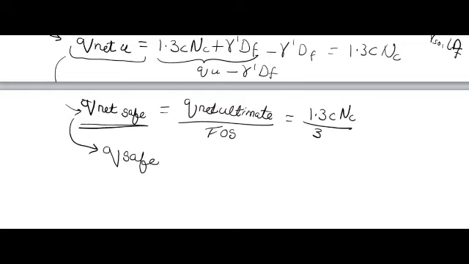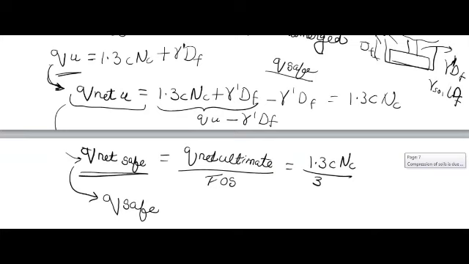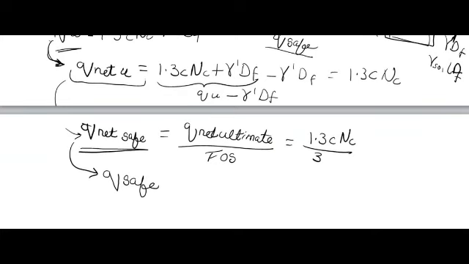So just remember this. First we find the ultimate bearing capacity Qu. From Qu we find the Q net ultimate by removing the pressure due to soil, that is gamma dash dF. Then we divide by the factor of safety.